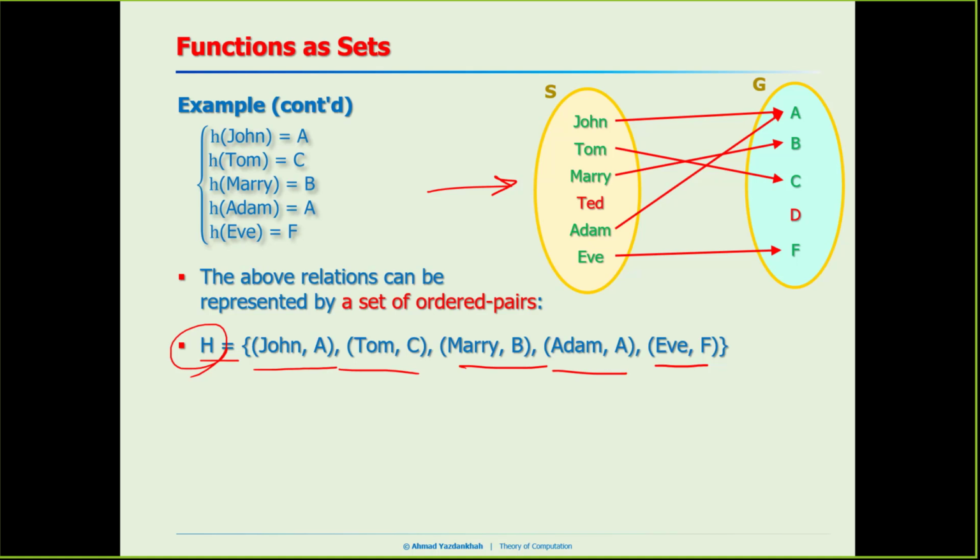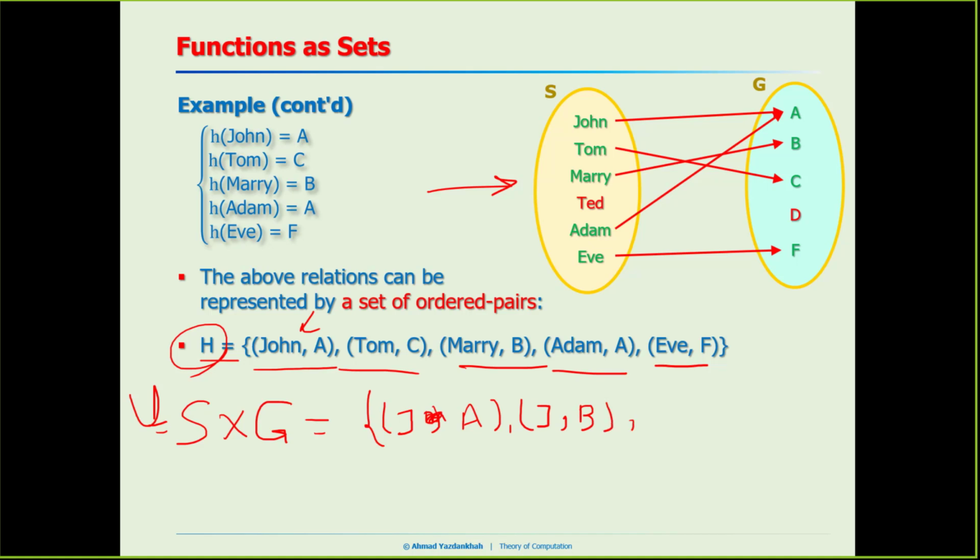Yeah, it's the Cartesian product between S and G. So I was saying that the universal set should contain all possible members like this. So if I create the Cartesian product between S and G, what do I get? I get John and, let's say just J, A, J and B, J and C, J and D, J and F, and then Tom. So you see, it has all possible values of this kind.